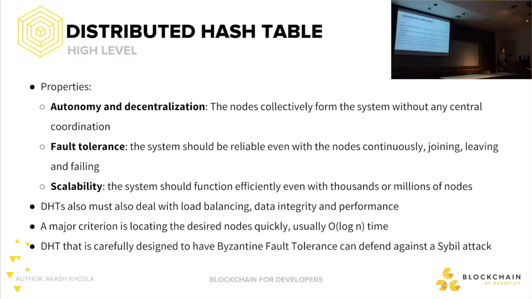DHTs also need to deal with a lot of stuff that's dealt with in distributed systems in general, including load balancing, data integrity, and performance. Obviously, one of the major criteria is that you can locate your files quickly, and this usually happens in O(log n) time. And any DHT that is designed to have BFT is able to defend against a Sybil attack.